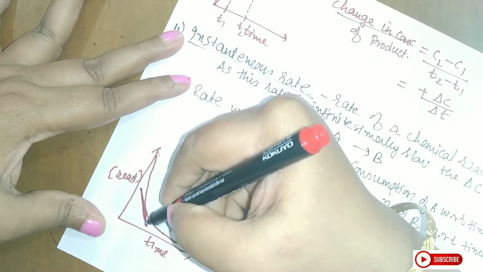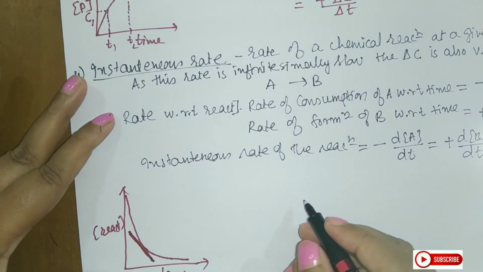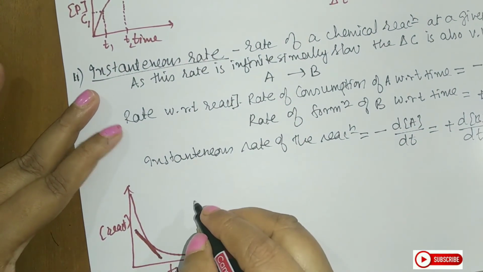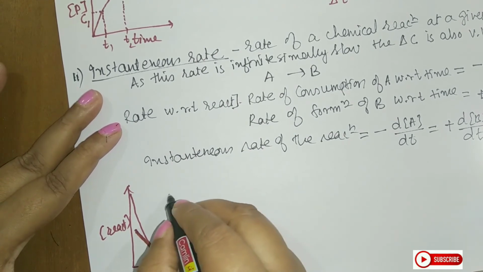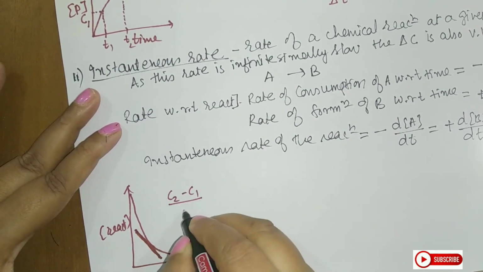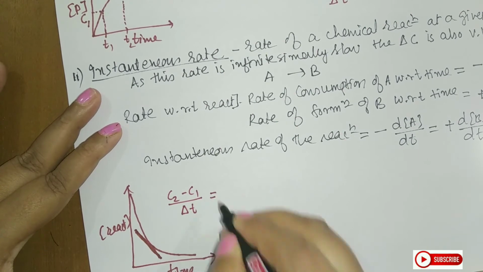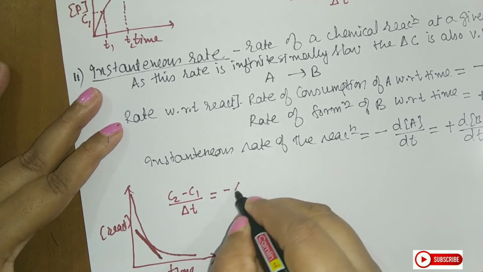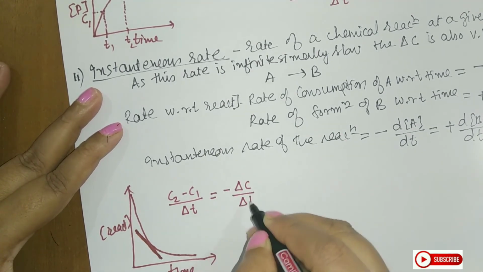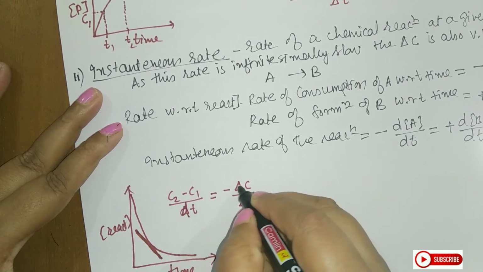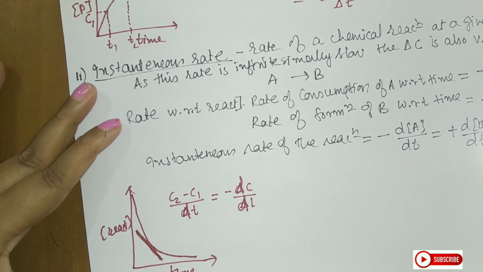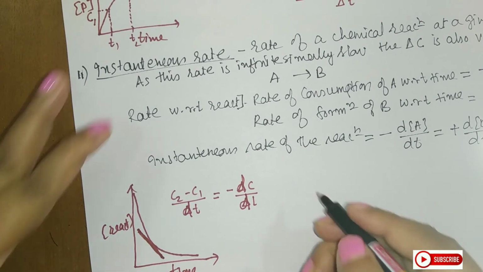This is a tangent that you have to show here, and then you will get delta y by delta x, or C2 minus C1 upon delta T. For the reactant, it will be minus dC by dt. You have to use d for infinitesimally slow.